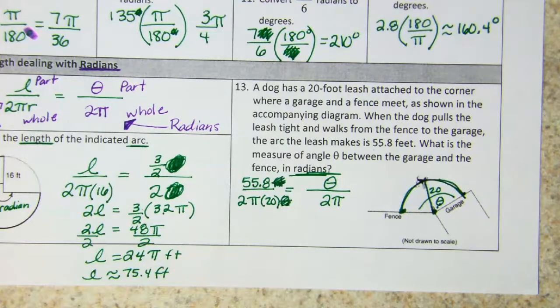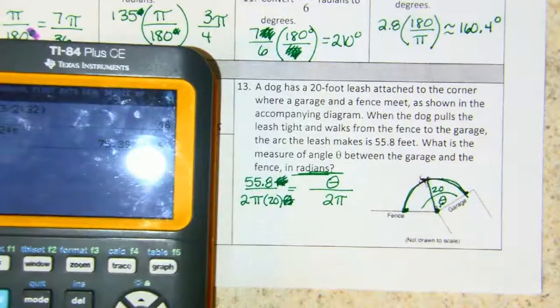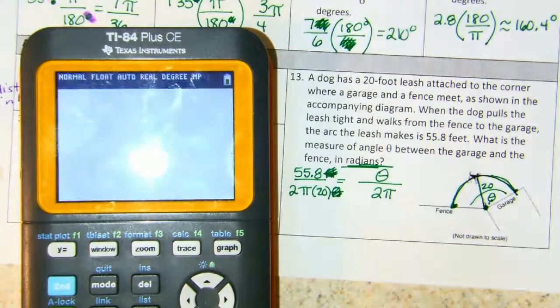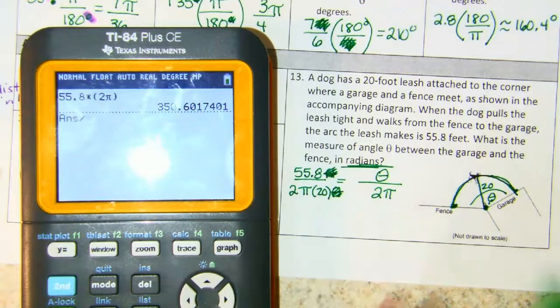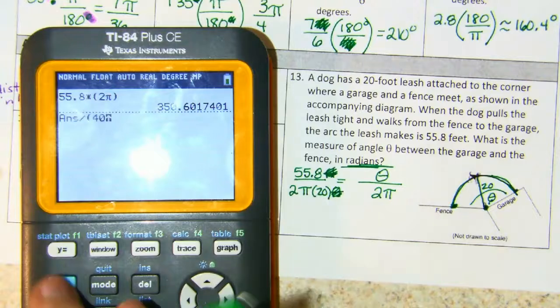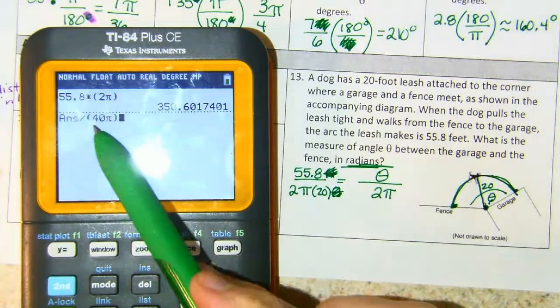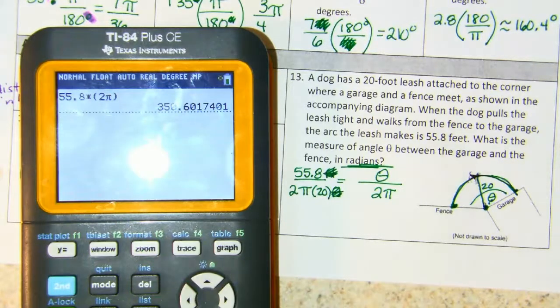So from here, we can simply just cross multiply. So we are going to say 55.8 times 2 pi divided by, that's going to be 40 pi. And remember, you have to put parentheses around that. Otherwise, it will not do order of operations.